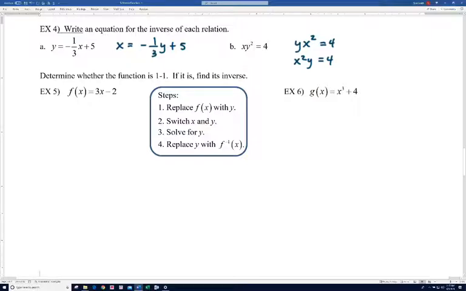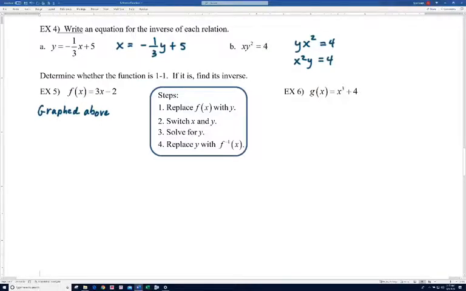Now it's time to actually find an inverse given a function. And there's 4 steps that we use. So I'm going to go ahead and use the 4 steps as we do this problem. We'll start with number 5 here. So step 1 is to replace f of x with y. Oh, I'm sorry. It does say determine whether the function is 1 to 1.